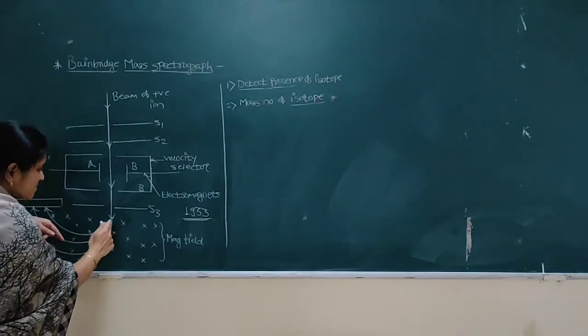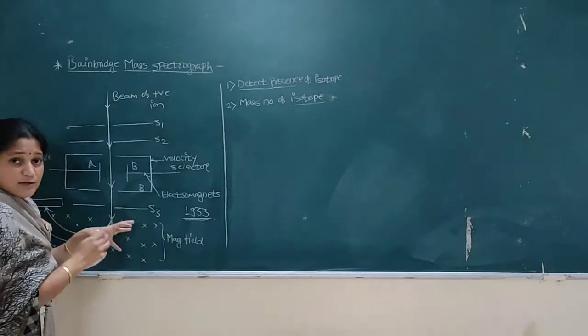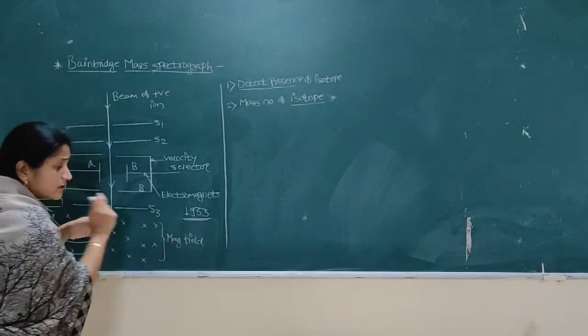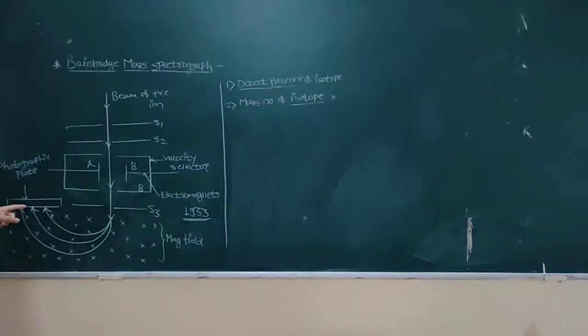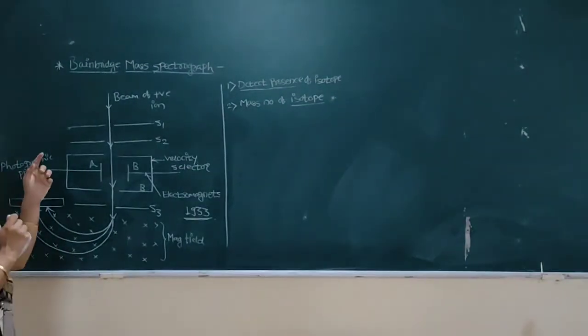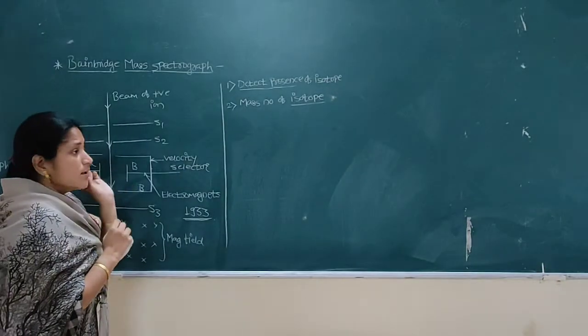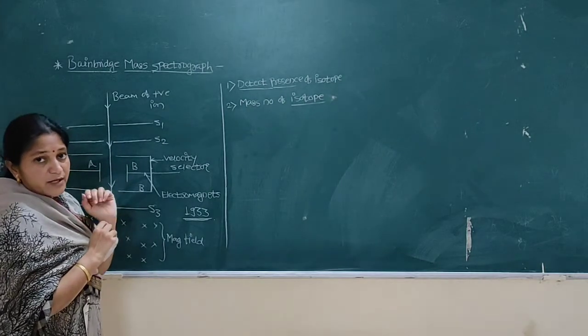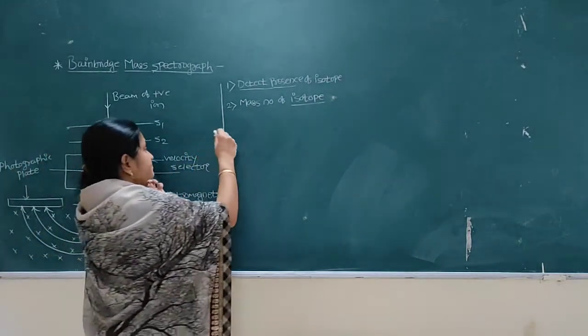Then they are subjected to the extensive transverse magnetic field and brought to focus on a photographic plate. So this is the principle of the Bainbridge mass spectrograph. Understood?